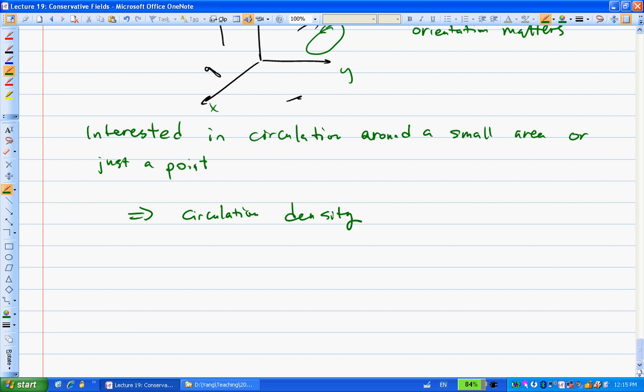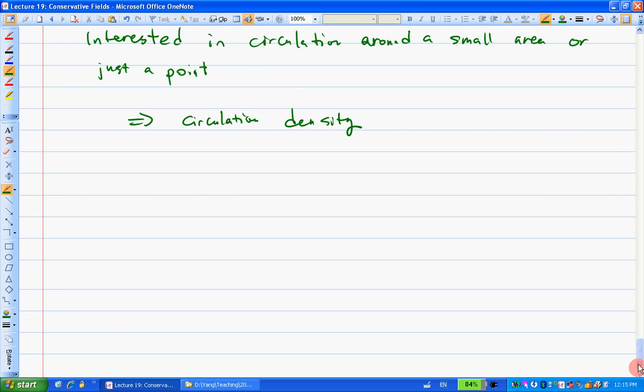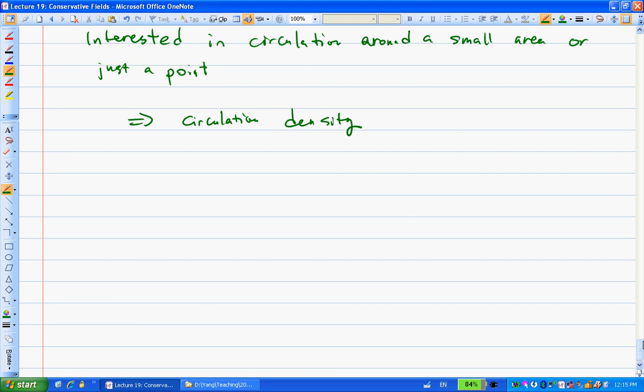Now let's take a look at this concept, circulation density. We don't have much time, but I'll just draw the drawing here to show how we're going to look at it. We have a vector field. I'm not going to draw the vector field anymore.